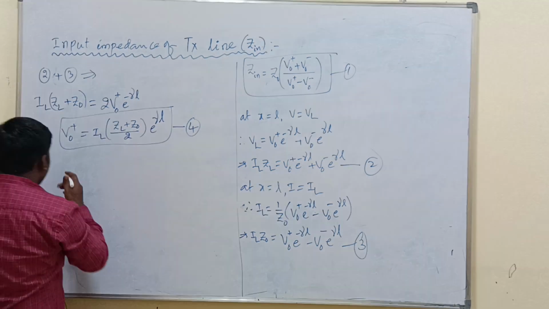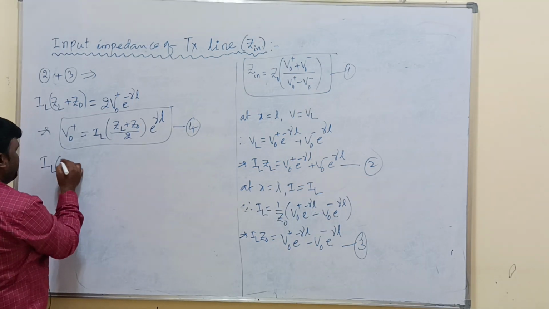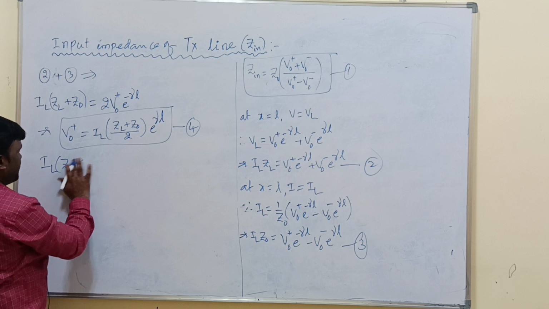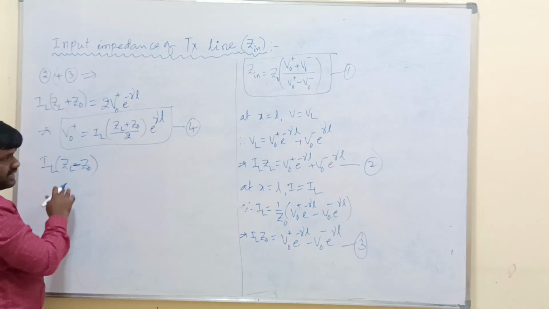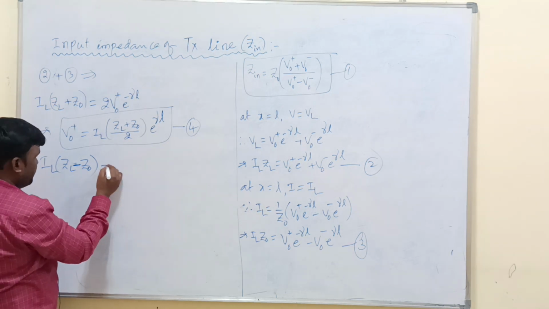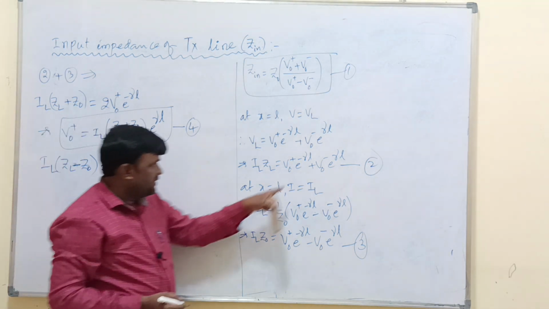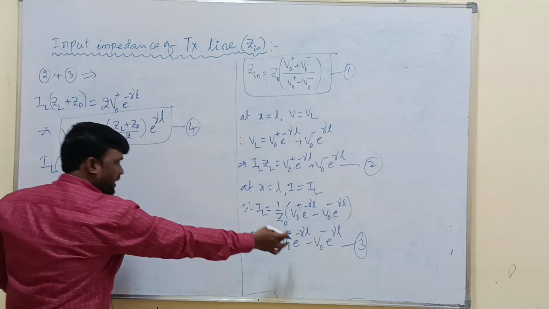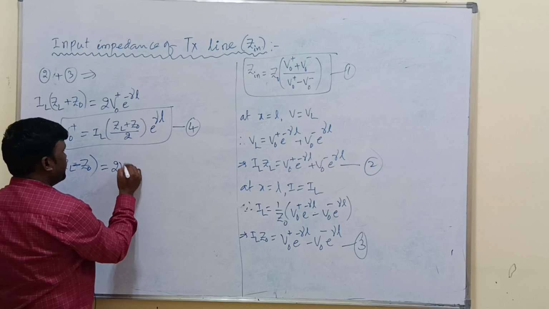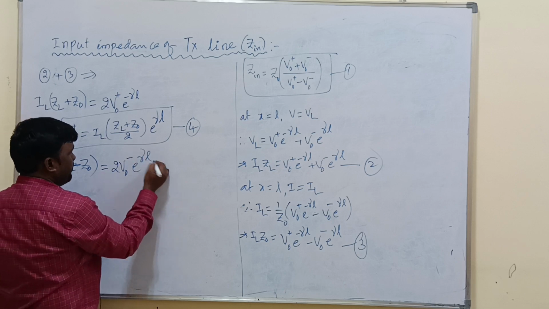You will get on the left hand side IL ZL minus Z naught: as it is plus ZL plus Z naught, as it is minus, here you will get ZL minus Z naught. That means IL is taken as common, we can write like this. And here this one cancels. Here this one plus this one, that is minus of minus plus. Here we got 2 into V naught minus e to the power gamma L.